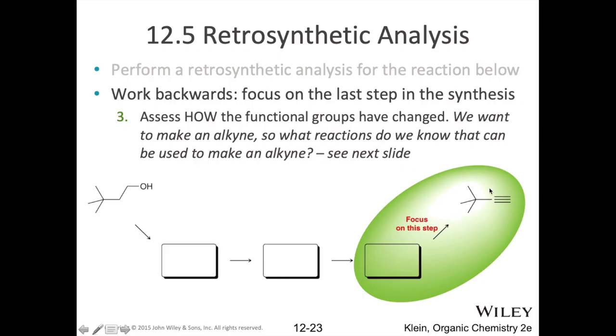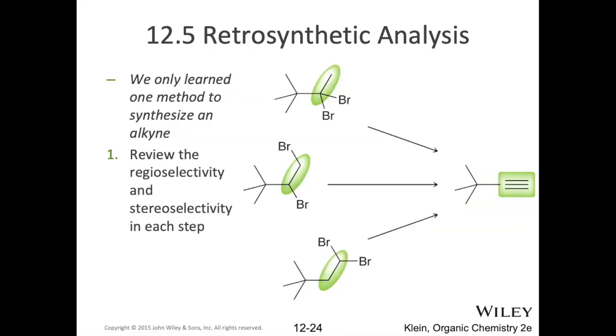What can we make an alkyne from? Typically, we do some sort of elimination reaction with a dihalide, right? So this is the only way we know how to make an alkyne. So this was probably one of those intermediates.